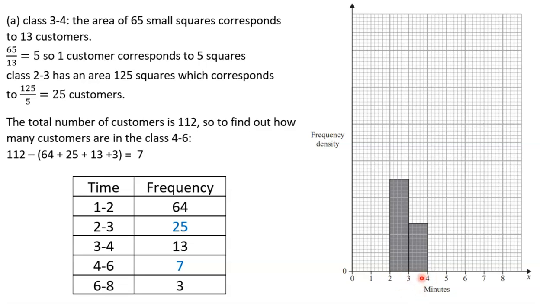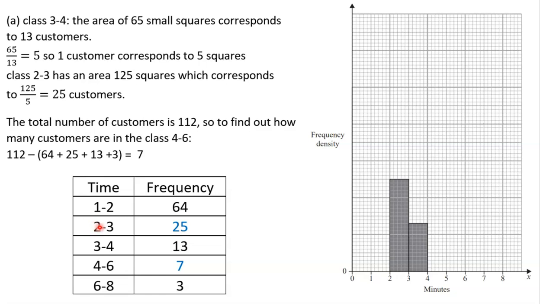And in the histogram, we can see that this area is 65 small squares, and it corresponds to 13 customers. If we divide 65 by 13, we can see that each customer corresponds to 5 squares.